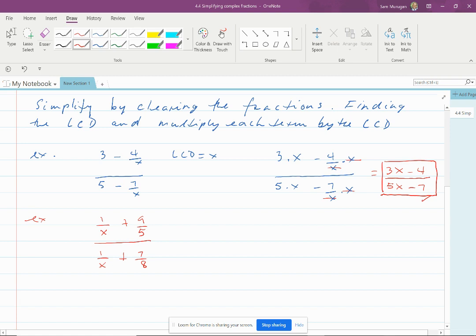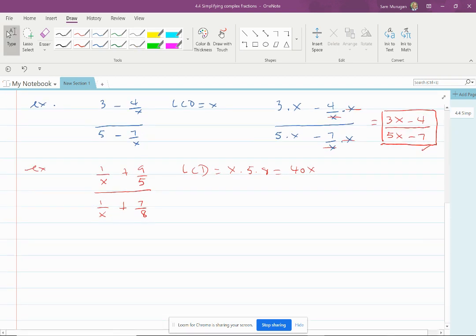In this case, we see that the LCD is a product of x, 5, and 8, which is equal to 40x. So to solve this, we would multiply everything by 40x.